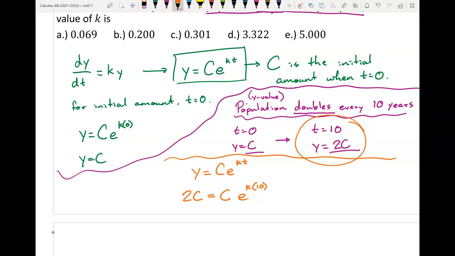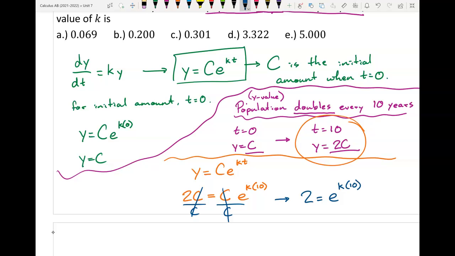Because I don't know what my c is, but I need it to go away to be able to solve for my k. And this is the only way that it will, is that when I go to solve, I divide by my c's and they cancel. And I am left with 2 equals e to the k times 10.